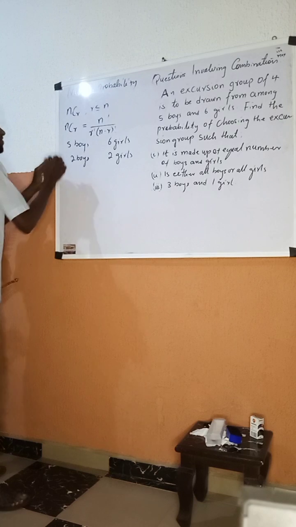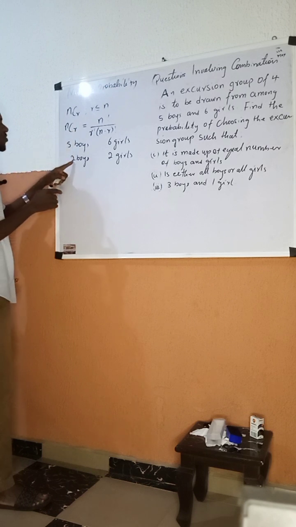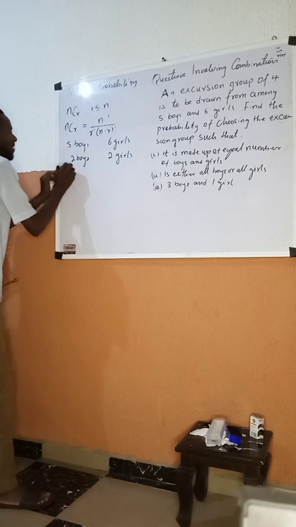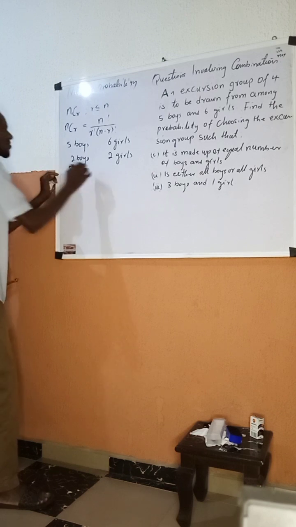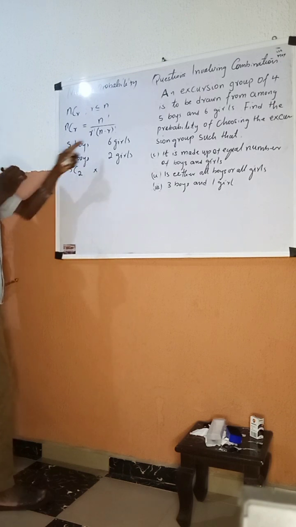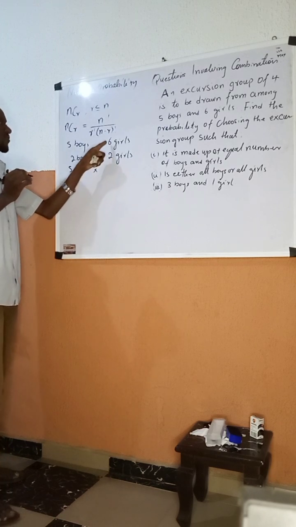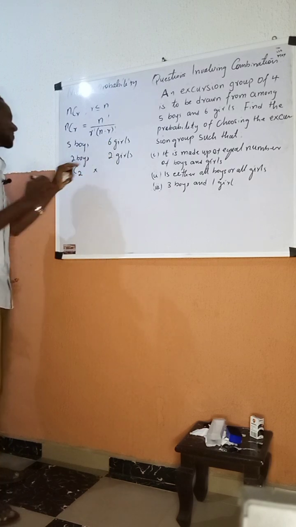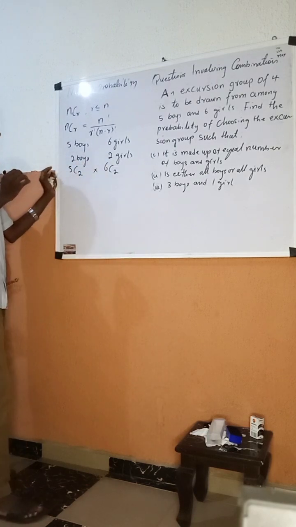So I am now going to say, in place of this N, I am going to use 5, and in place of this R, I am going to use 2. So I'll have 5 combination 2 multiplied by, I will come over here, I'm going to select 2 girls out of 6 girls, and it's going to be 6 combination 2.